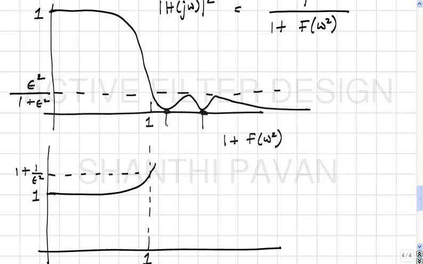At the first 0 of the response, f of omega square must go to infinity.